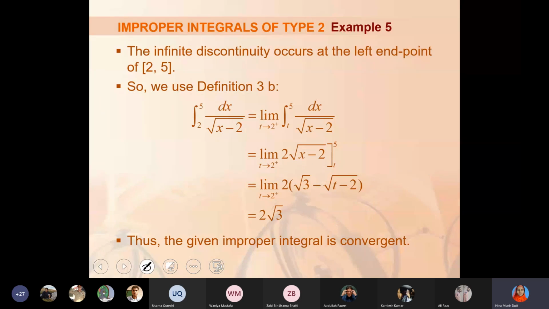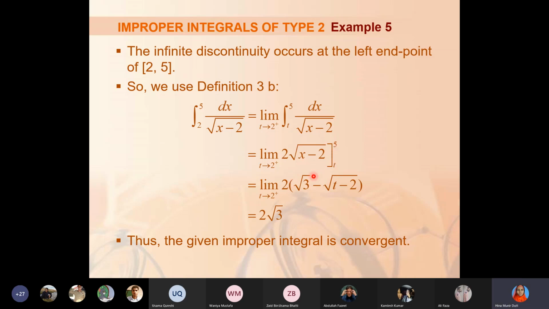So I will write, replace this 2 with t, and then take the limit t approaches 2 plus. Then I will integrate this function with respect to x by applying the power rule: power minus 1 over 2 plus 1, and divide by the same power.